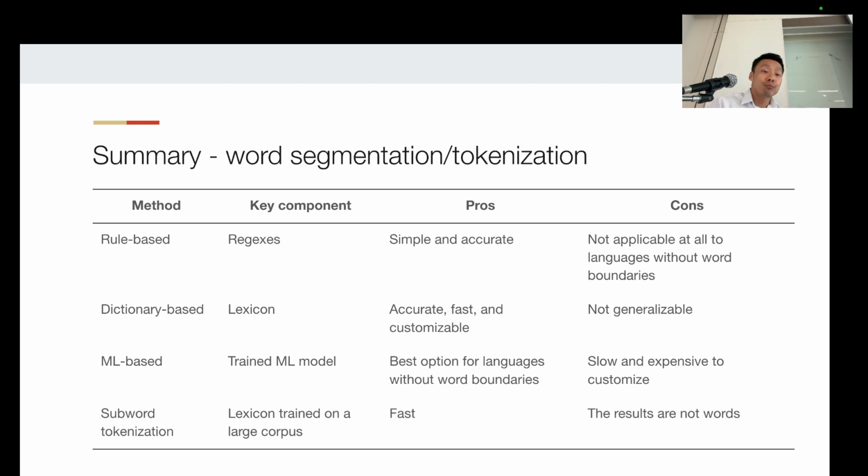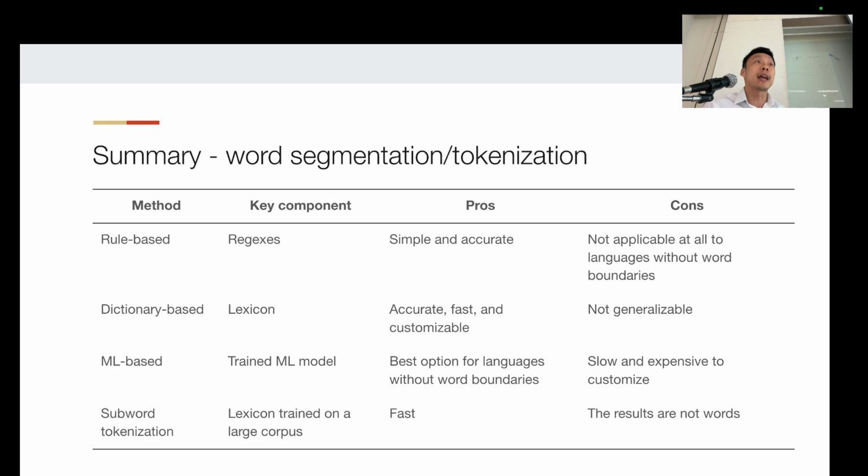Next, ML-based, which is awesome, but you have to train an ML model on samples where you segment words by hand. So this is the best option available right now for languages without word boundaries. The neighbors that we hate, our language, and East Asian, so CJK, Chinese, Japanese, Korean, need an ML-based algorithm.